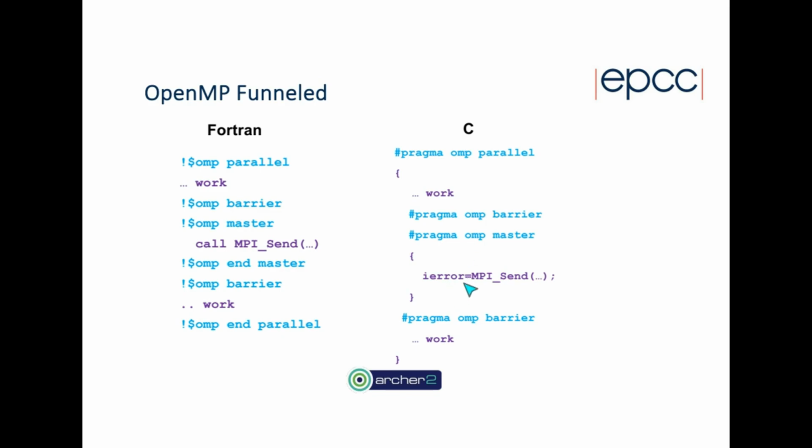So we might put them in a master region here, and if there is other computation going on inside the parallel region, then you probably need to synchronize your threads somehow. You probably need maybe not an explicit barrier, but an implicit barrier before and also after the MPI communications.